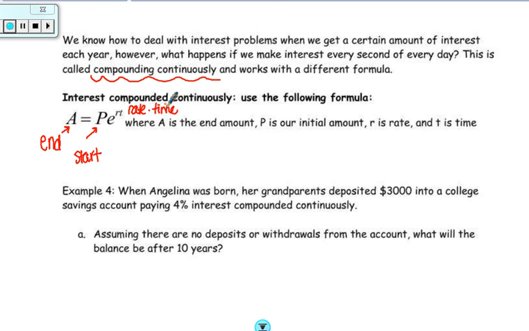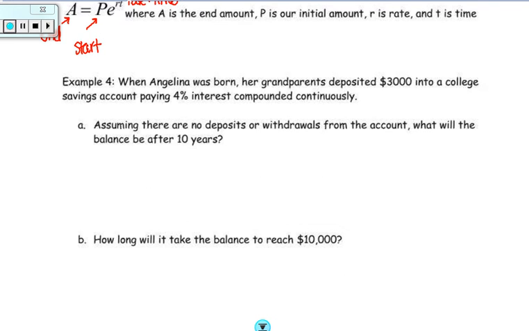So looking at our first example. When Angelina was born, her grandparents deposited $3,000 into a college savings account, and it was paying 4% interest compounded continuously. So right away, I know I use the PERT formula, and I know I use that because it said compounded continuously.